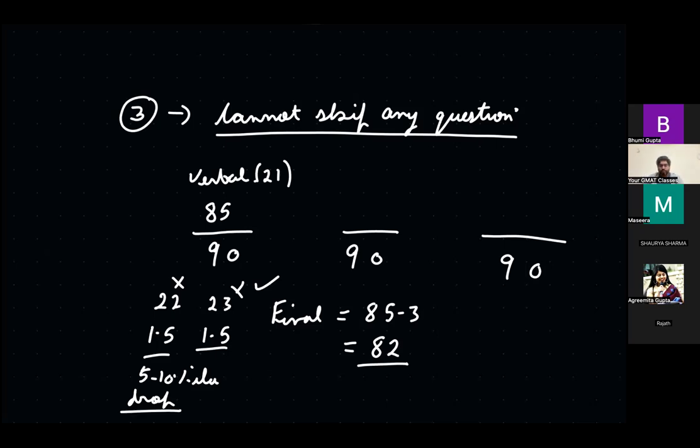The lower the score, the higher the percentile drop. So it can be a 2 to 10 percentile drop on your score just because of one question not marked. That's it. So you cannot skip any question.